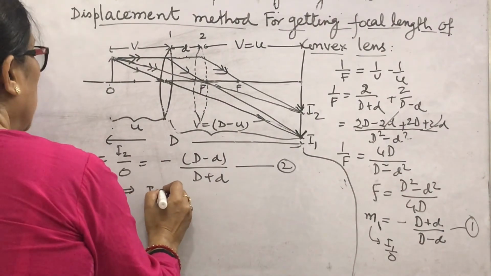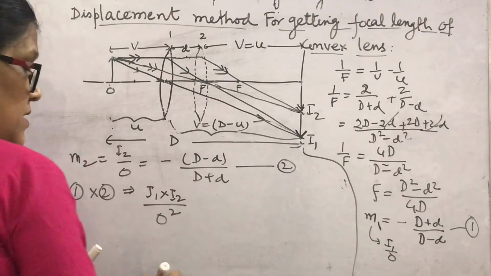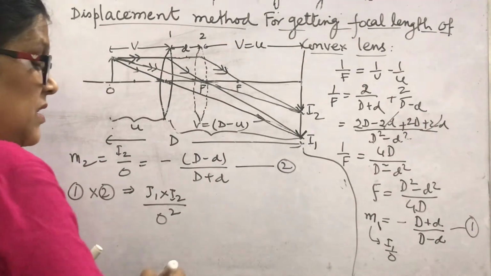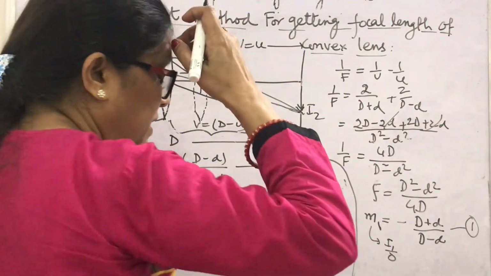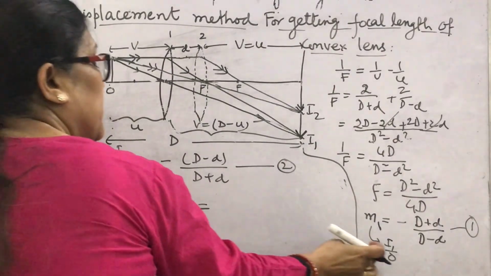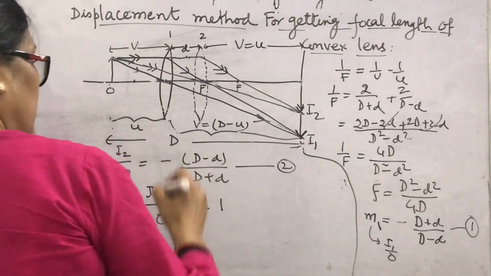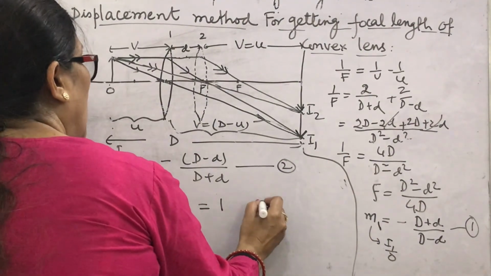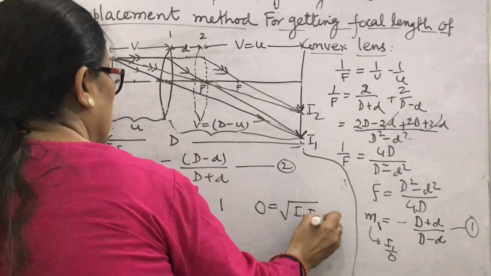I1 into I2 upon O square. Will you get or not? Then multiplication of equation number 1 into 2, this m1 into m2, this is I1 upon O into I2 upon O, this will be equal to 1, or O will be equal to under root I1 I2.